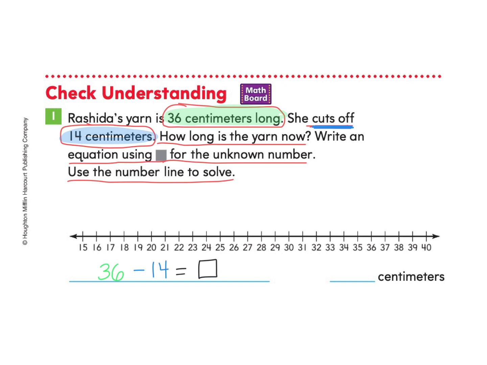And again, maybe you're ready to try this on the number line now that you have the equation. So you can pause and try this part on your own and come back, or just continue to follow along with me. So first thing I'm going to do is find that number 36, and make a line here and draw a line all the way down to represent that first yarn of 36 centimeters.